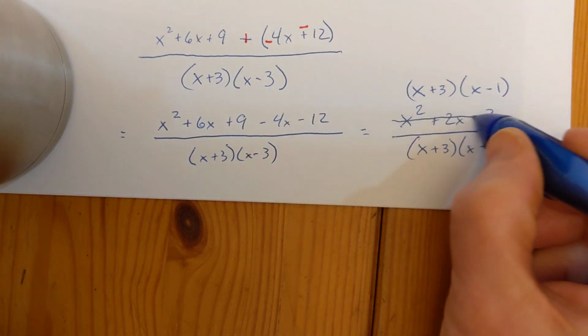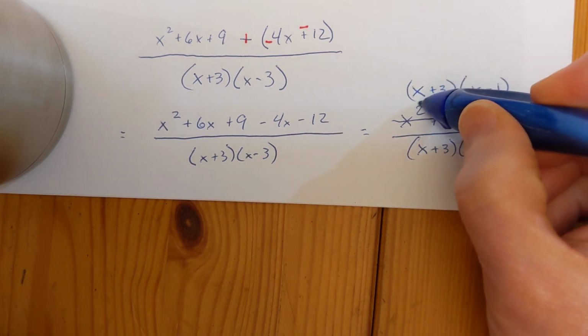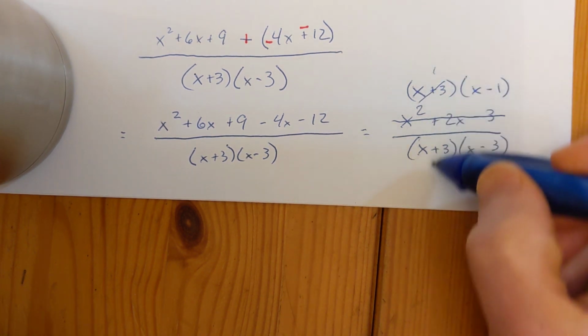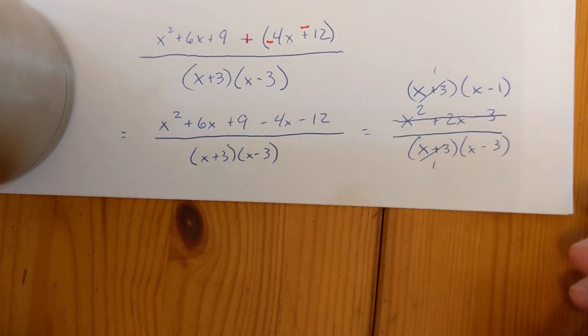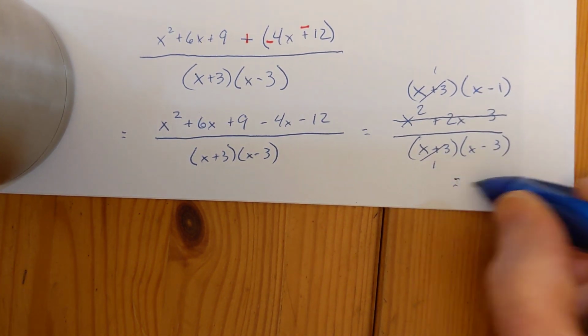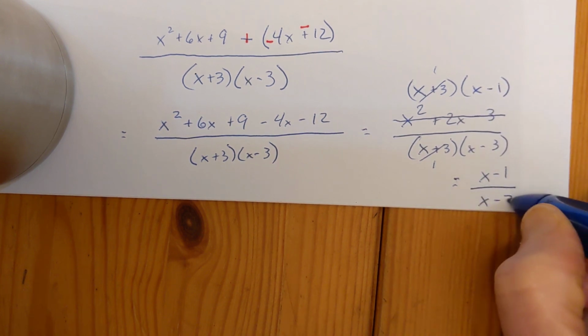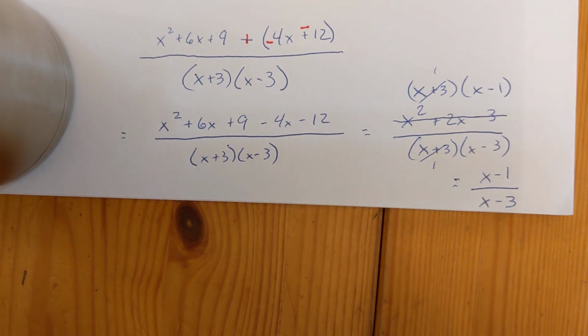So it's factored correctly. So now I can divide out my x plus 3 over x plus 3. And I'm left with my solution, x minus 1 over x minus 3, which does not simplify further.